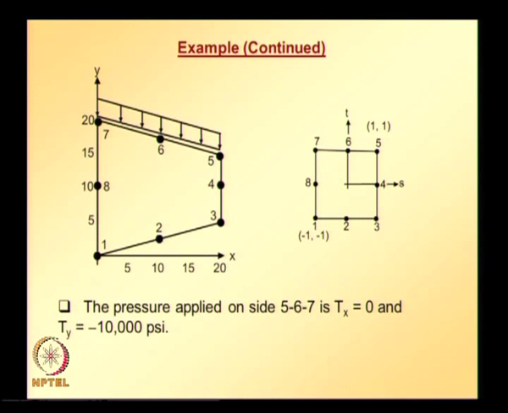A 2-point integration is used for evaluating the line integral, and also you can see when we are trying to write the shape function matrix alongside 5, 6, 7, the shape functions of all other 5 nodes are going to be 0 alongside 5, 6, 7. So, to simplify writing, only non-zero entries are written.